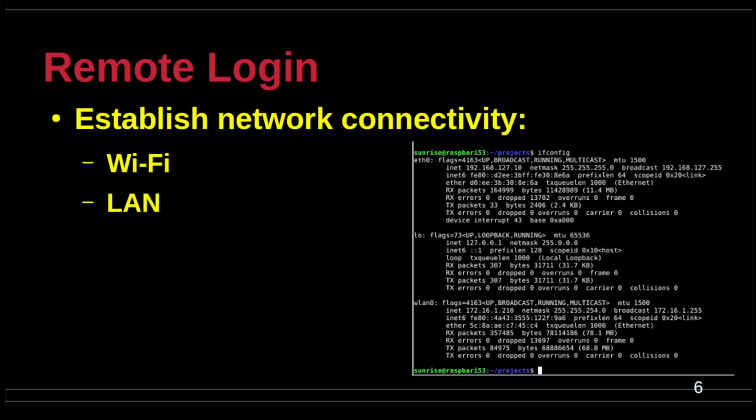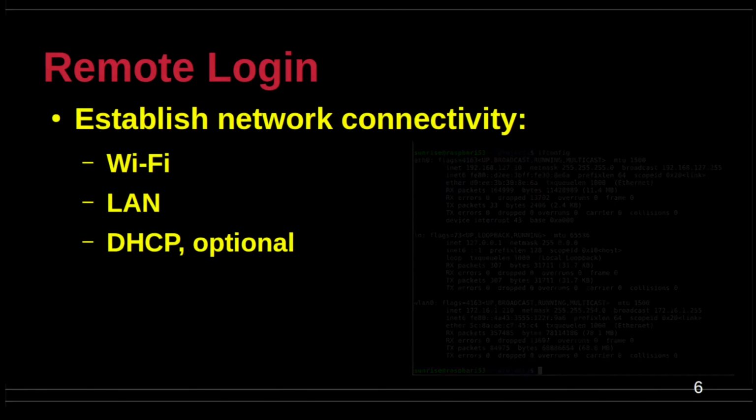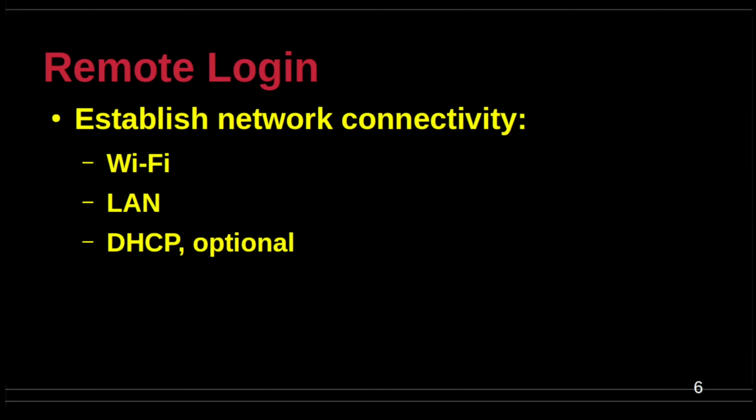The board is configured at the factory with a manual setting for the Ethernet IPv4 addresses. Personally, I prefer to use the DHCP server in the LAN to automatically assign an IP address. IPv6 is also available.